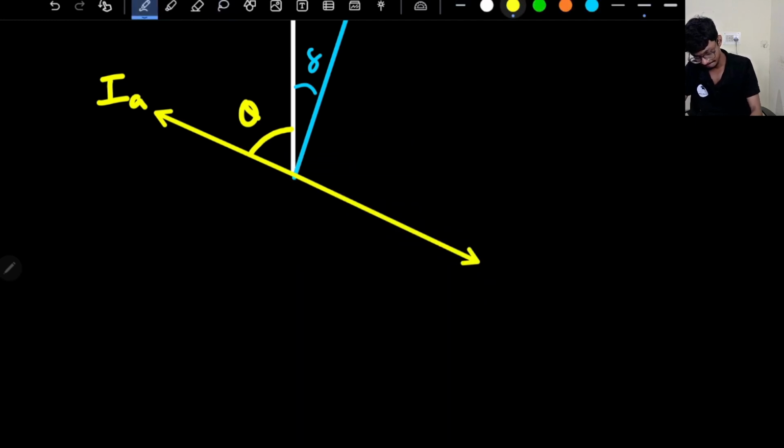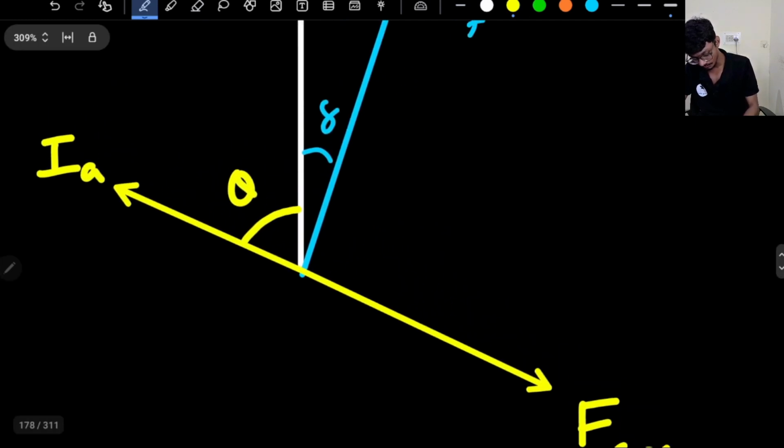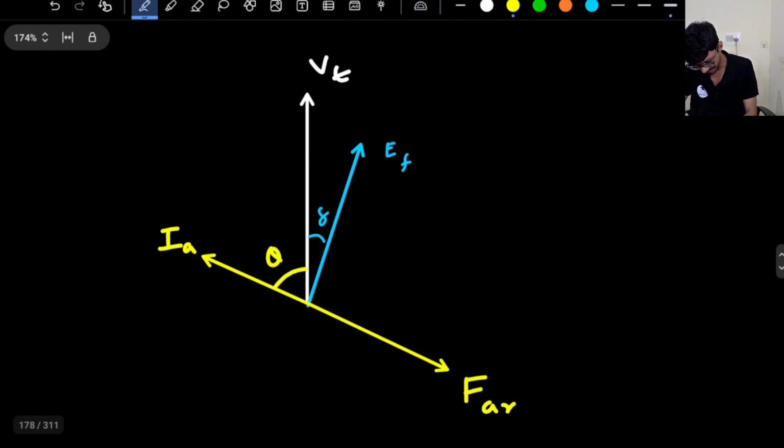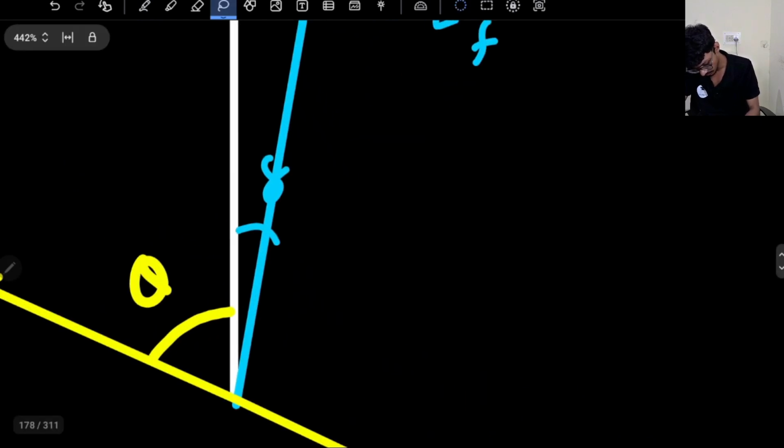This will be F armature, right? Again it seems like it is 90. Why does it seem it is 90? Let me make it shorter.